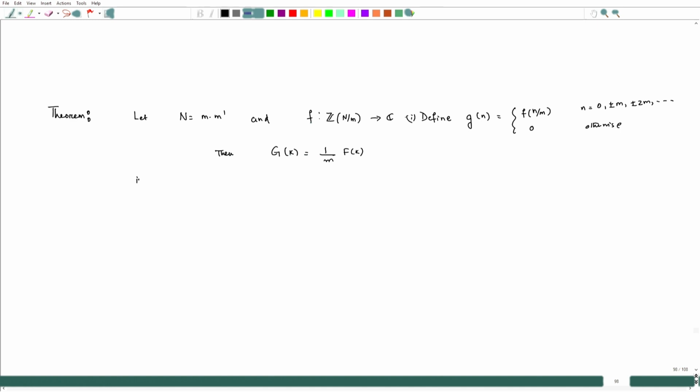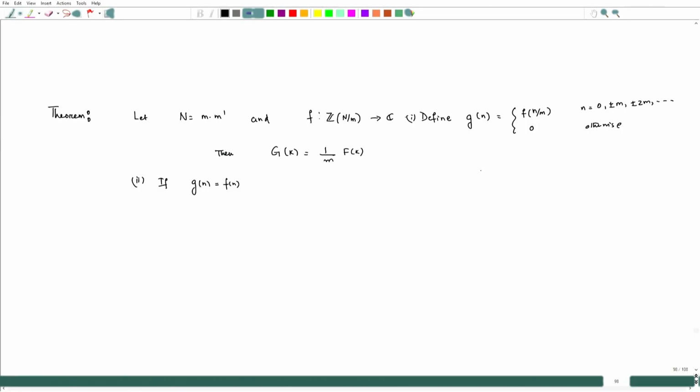Second, if I define g of n equal to f of n, remember that up to m prime minus 1 there is no problem. Suppose n is equal to 4 and m prime is equal to 2.